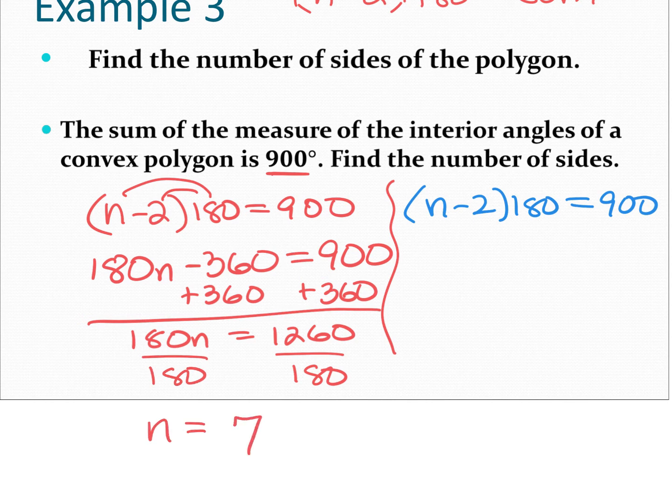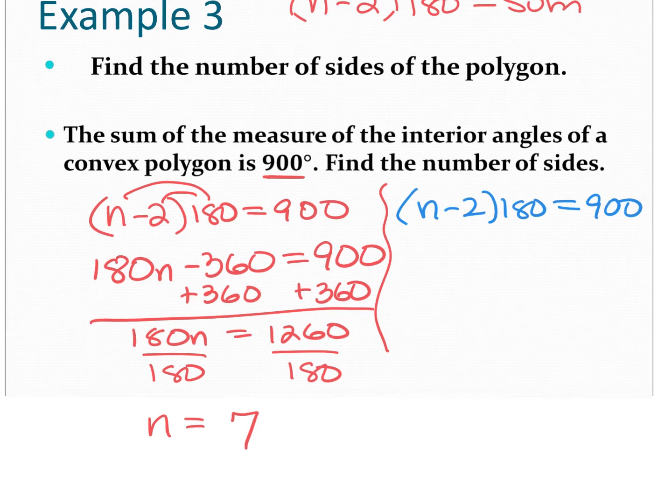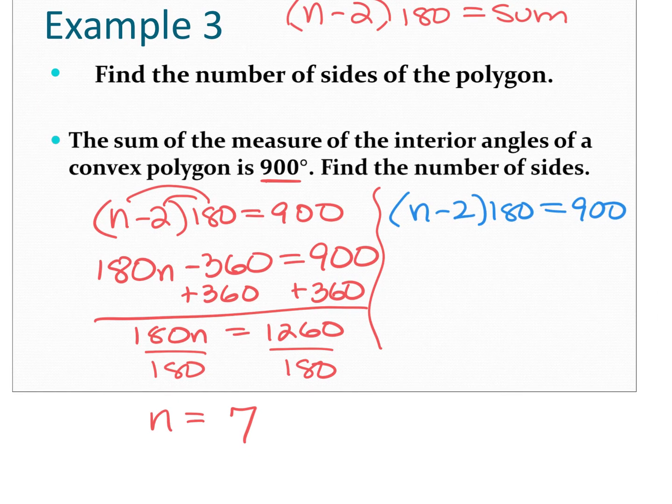Now, the other way you can do this is whenever you have something set up like this and you have a parentheses and it's looking like you need to distribute something, I could get rid of the 180 first by dividing both sides before I distribute. And now I have n minus 2 equals 5.